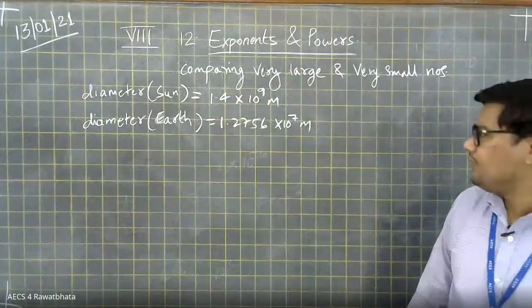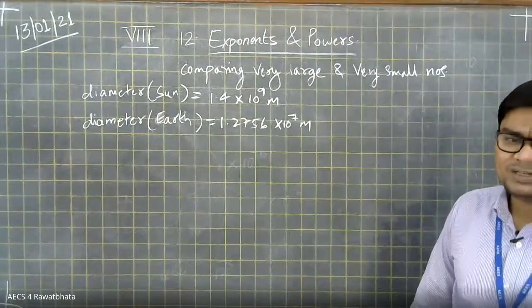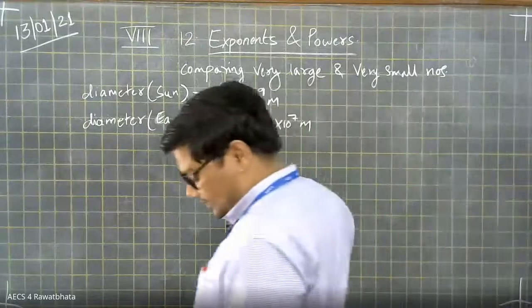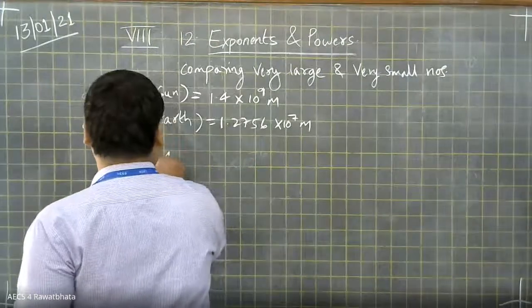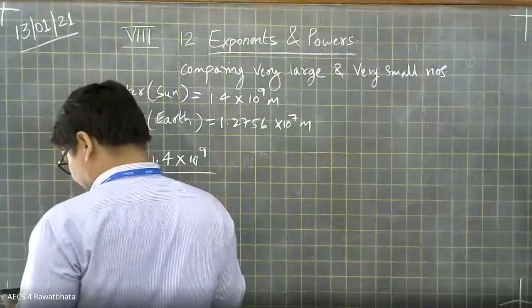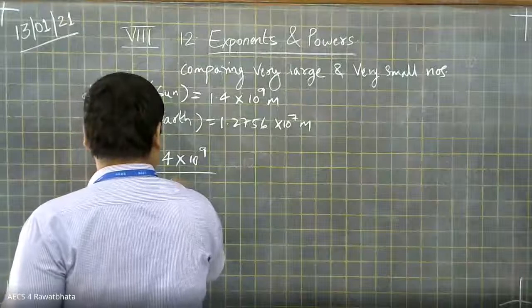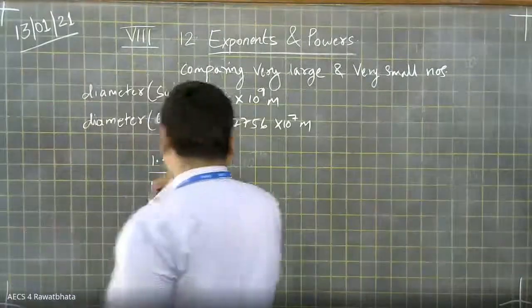So we are going to divide the diameter of the sun by the diameter of the earth. It can be written like this: 1.4 into 10 power 9 divided by 1.2756 into 10 to the power 7.